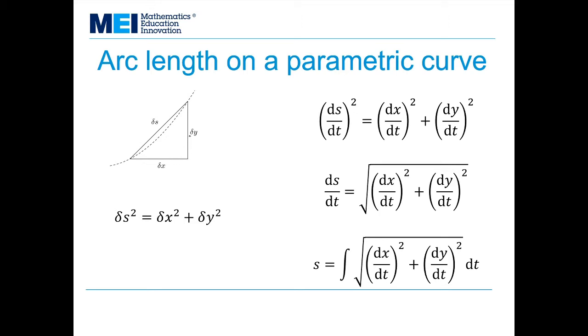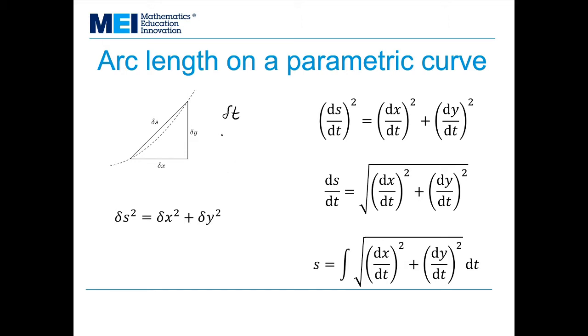And because it's defined parametrically, delta x and delta y are both defined in terms of delta t, a small change in t. And our approximation here to the arc length is our chord, which I'm going to call delta s here. Now I can use Pythagoras' theorem, and delta s squared is delta x squared plus delta y squared.